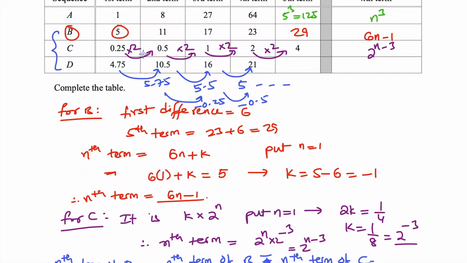So 5 minus 0.25, 4.75, 11 minus 0.5, 10.5, 17 minus 1, 16, 23 minus 2, 21, 29 minus 4, it is 25.